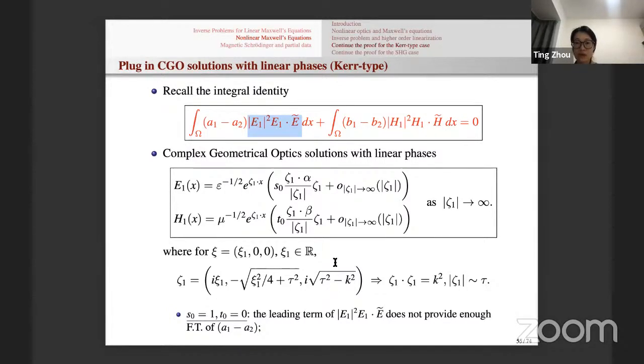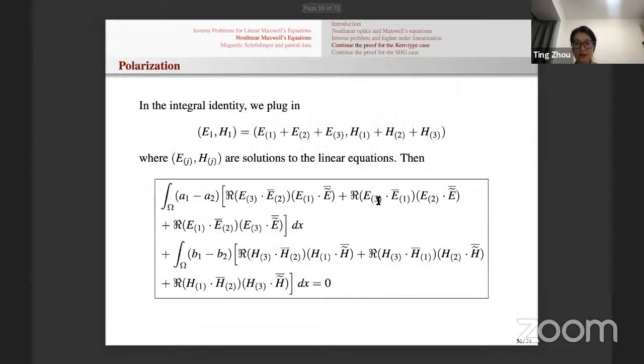So it turns out that one thing we can do to improve this is to do polarization. It's a different polarization, meaning that you can take a linear solution being a superposition of 3 solutions, and then you can have more complicated terms.